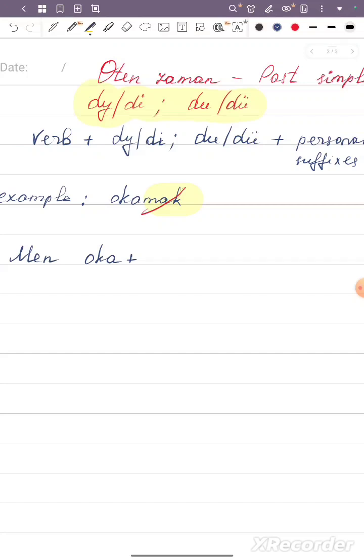Here, the last vowel is yoğun. Yoğun means back vowel. So oku, and that's why we need to add the suffix di. We need to add this suffix because it is yoğun.